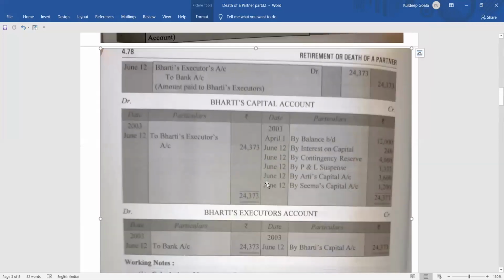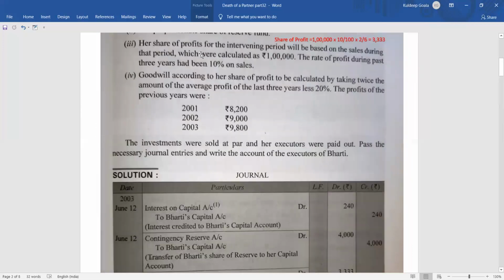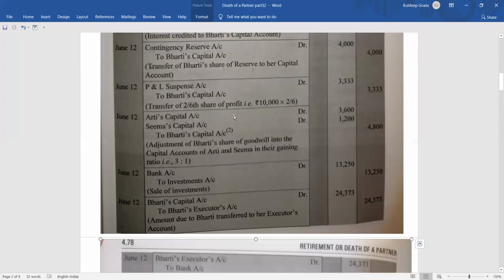On the credit side of Bharti's capital account, by Aarti's capital account 3,600, by Seema's capital account 1,200. This is nothing but 4,800 divided in the ratio 3:1. Then the journal entry: Aarti's capital account debit 3,600, Seema's capital account debit 1,200 to Bharti's capital account 4,800.